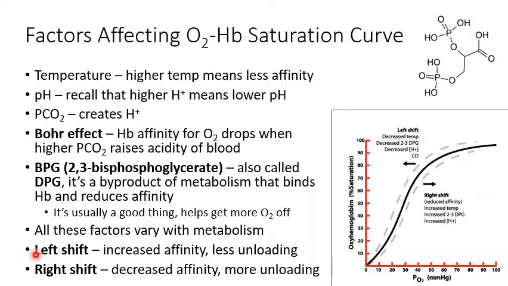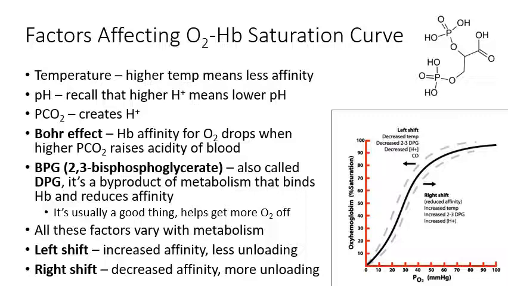And then I'll just track back and talk more about the BPG. BPG, actually it's shown right here. This is the structure of BPG. You can vary how much BPG you're making with your metabolism based on how much oxygen you need. Actually in a fetus, you'll have higher BPG.